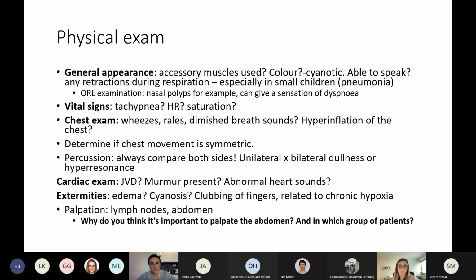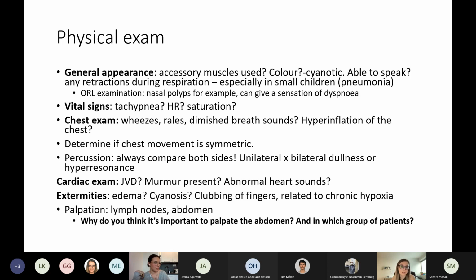You should also consider if there is hyperinflation of the chest, which, for example, with emphysema, they could have a barrel chest, and determine if the chest movement is symmetrical. Then you should do percussion, and you should always compare both sides. Then you should see, for example, if there is unilateral or bilateral dullness, or some kind of hyperresonance.